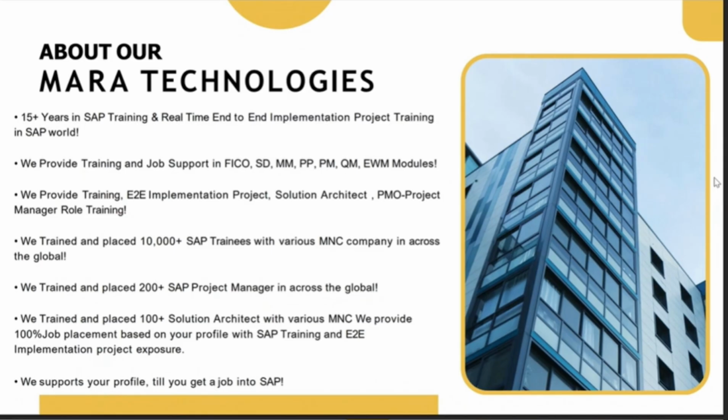If you want to become a solution architect, we provide scenarios on how interfaces work between 2 different systems. For example, you are creating a purchase requisition. This purchase requisition is created in an e-promise application or portal. From the portal, how is it integrated to SAP to create the purchase requisition automatically?